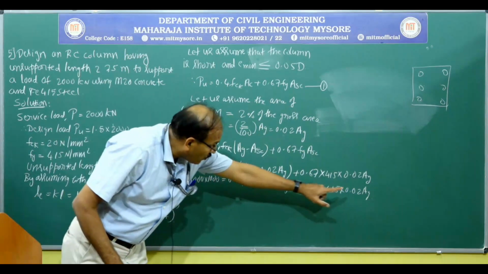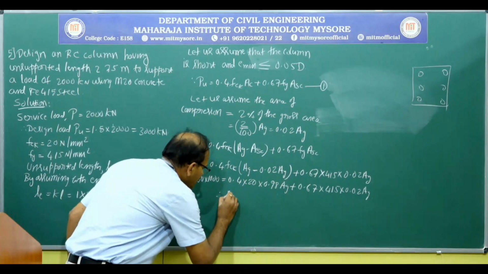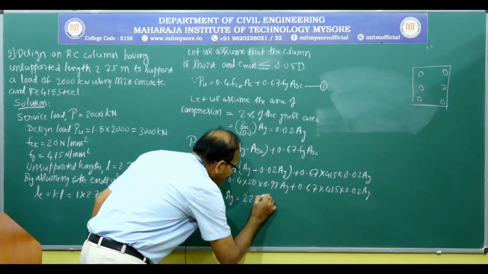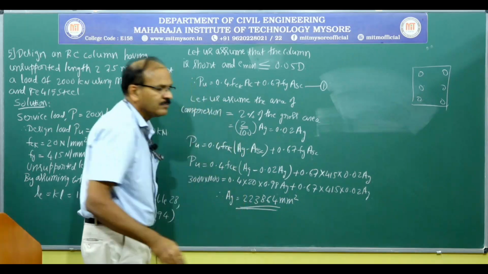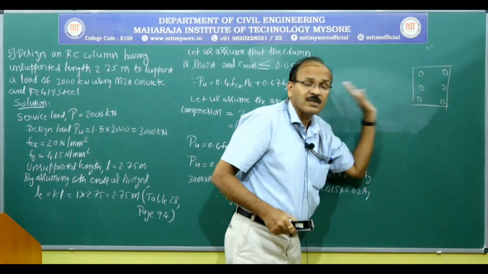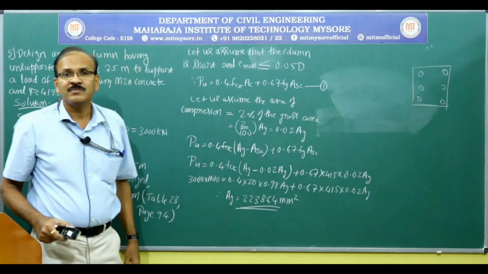Here Ag is the only unknown. Therefore, Ag equal to 223864 millimeter square. That is the gross area of cross section of the column required.